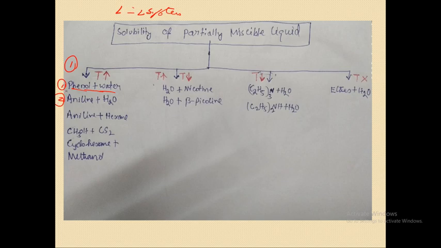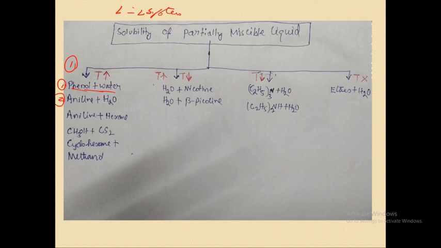Such liquid solutions are partially miscible and increase their miscibility on increasing the temperature. So above a certain temperature, the liquid becomes completely miscible.